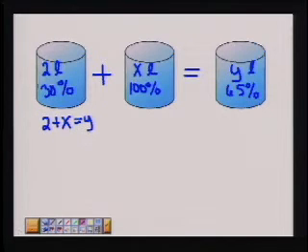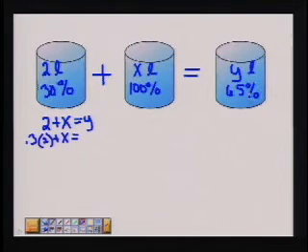The second equation comes from the amount of alcohol that I have in each beaker. The first beaker is 30% alcohol, so 30% of 2 liters. So 0.3 times 2 is the amount of alcohol in the first beaker. In the second beaker, 100% of the liquid in that beaker is alcohol. So the whole x liters is alcohol.